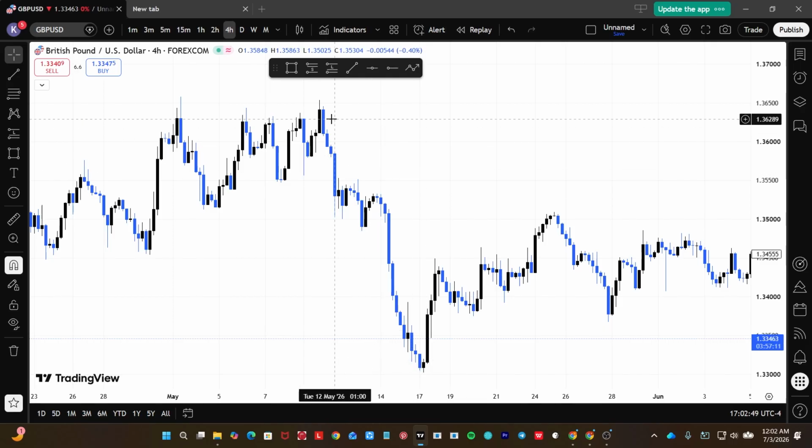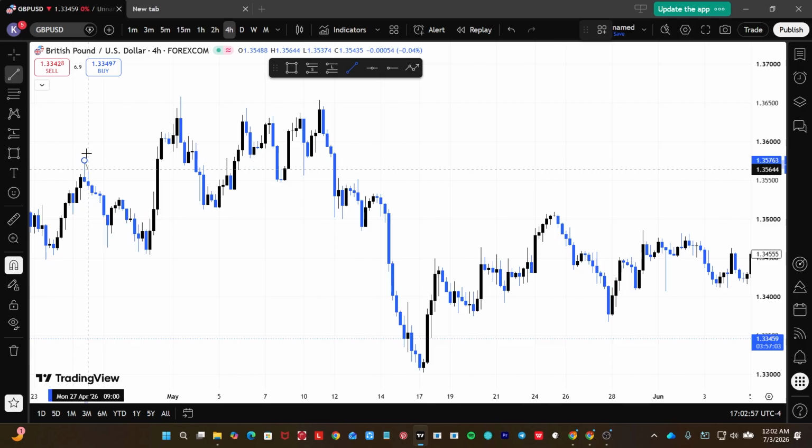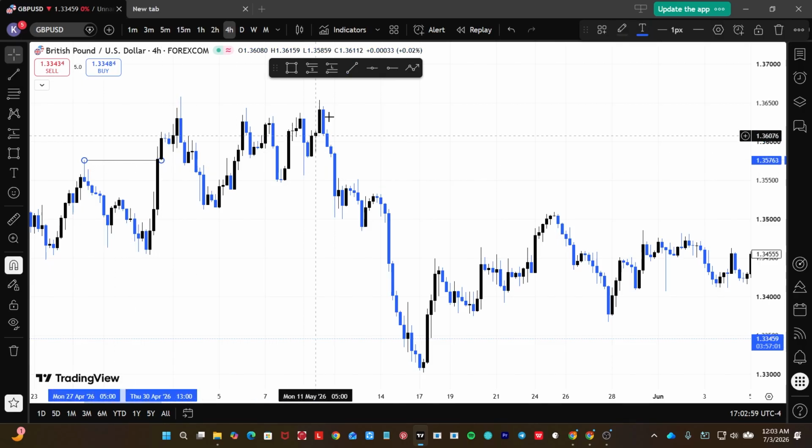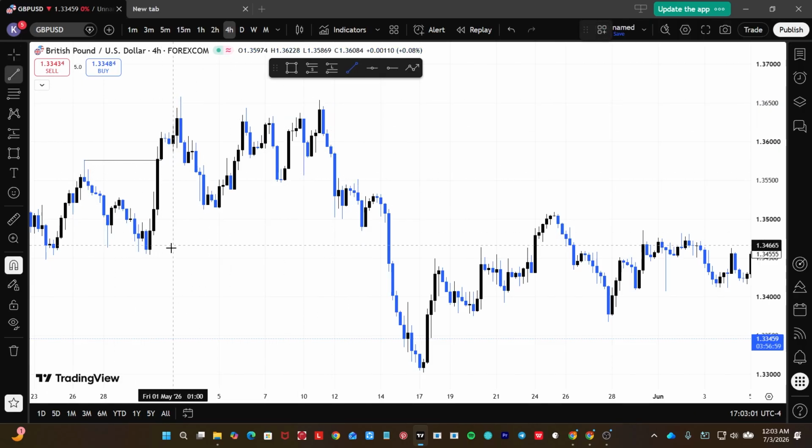We also had another example in GBPUSD, which we were able to take. When you analyze here, price had to sweep the high, and price also swept the low.